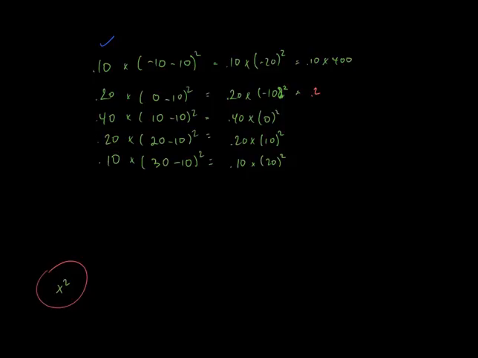That's going to be 100. And we got 0.4 times, well, that's 0, right? Actually, I can stop right here at that one because that's going to equal 0. Once you get a 0 in there and you're multiplying, it's 0.